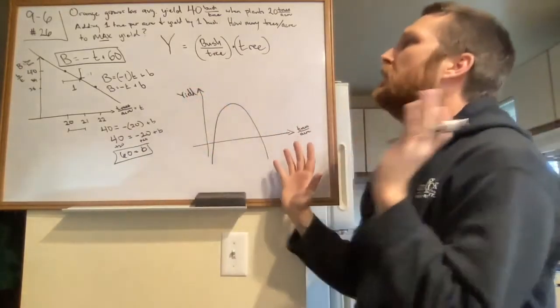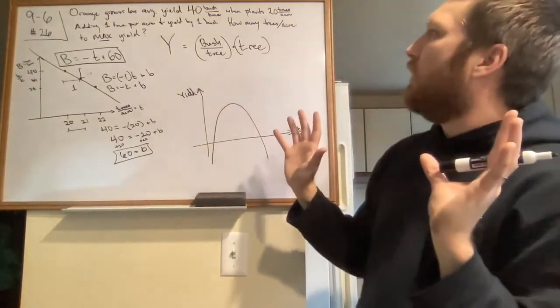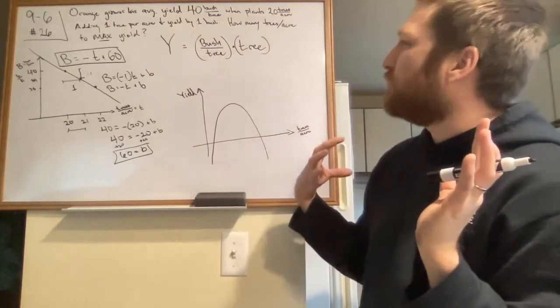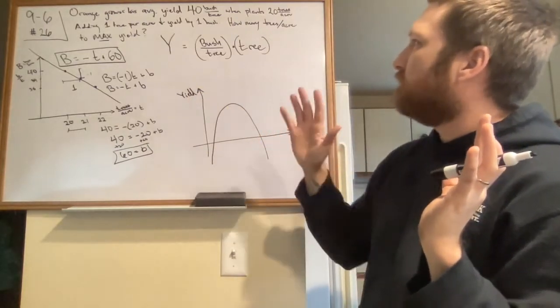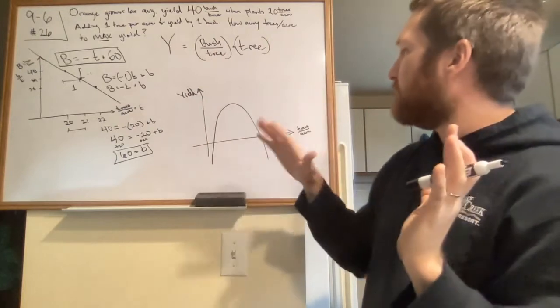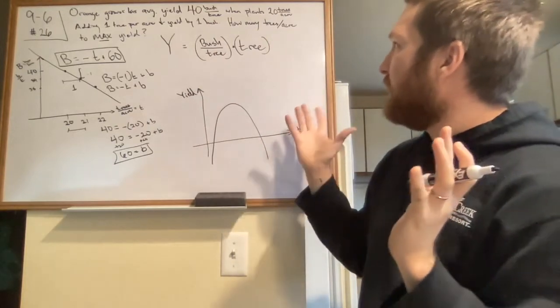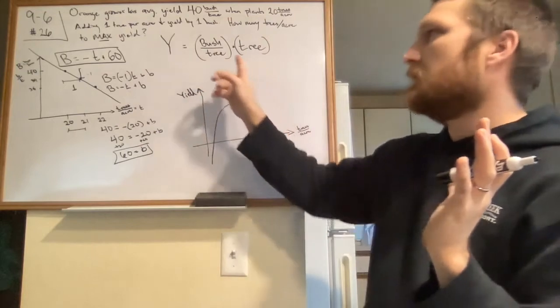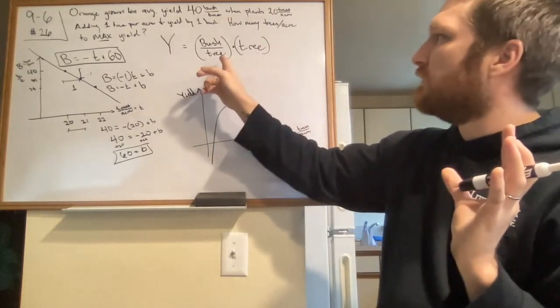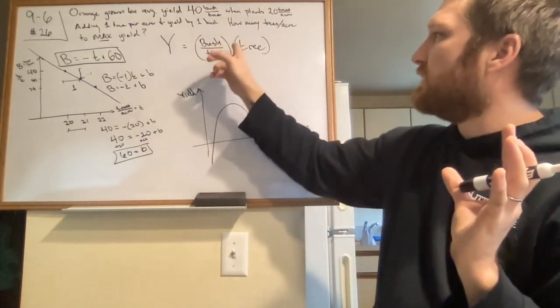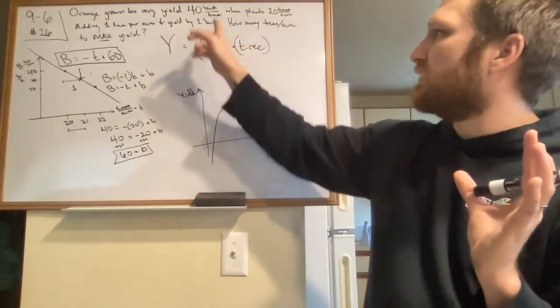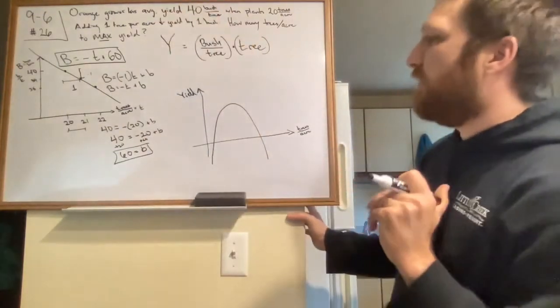Hold on. Now, everything we're dealing with, we have bushels per tree. Yep, something like that. I think this is the only way to get a yield out of this, right? Bushels per tree times the number of trees should give me the total number of bushels that I have.